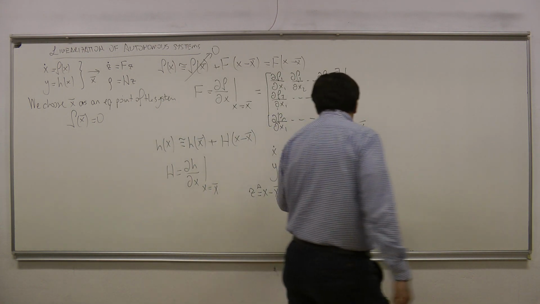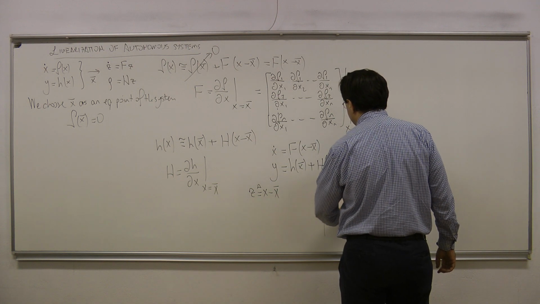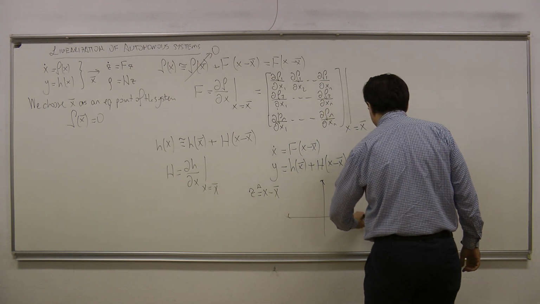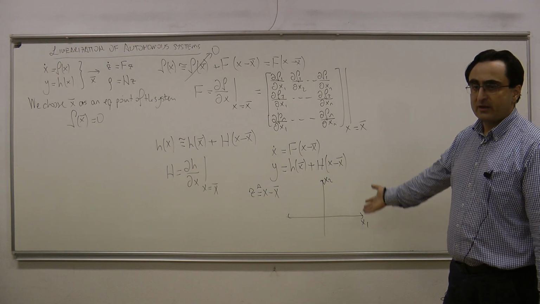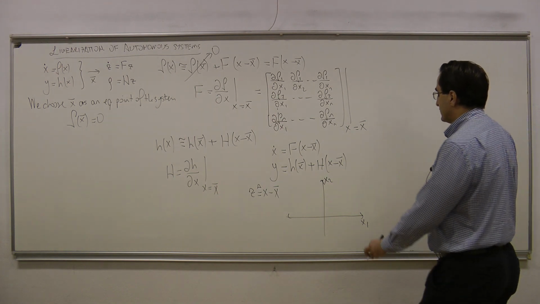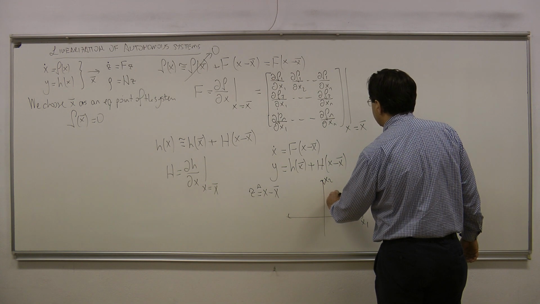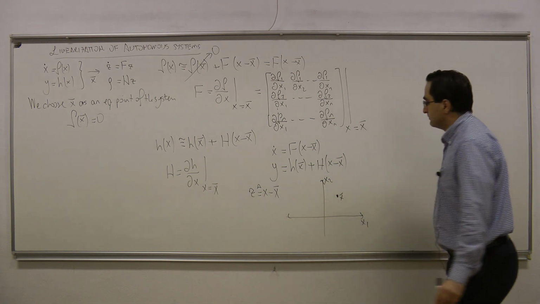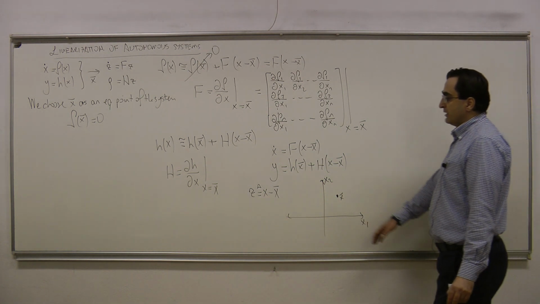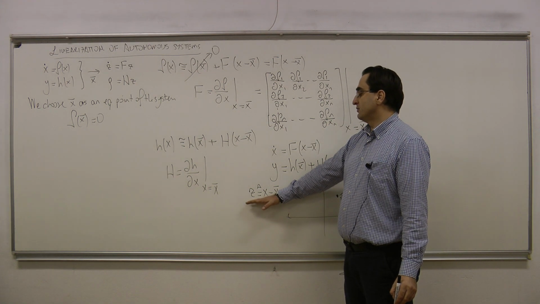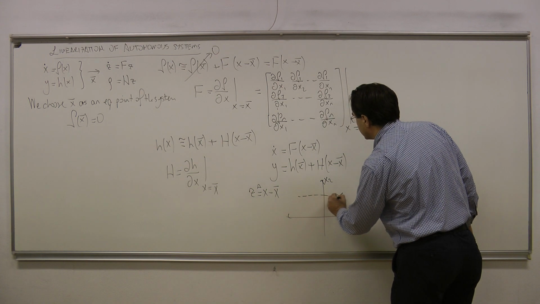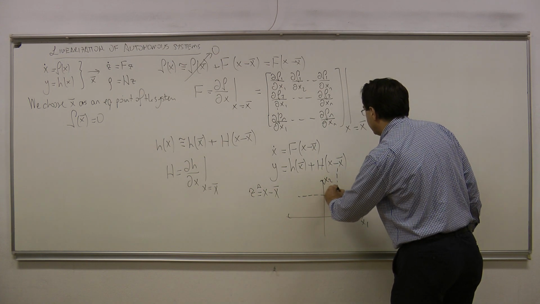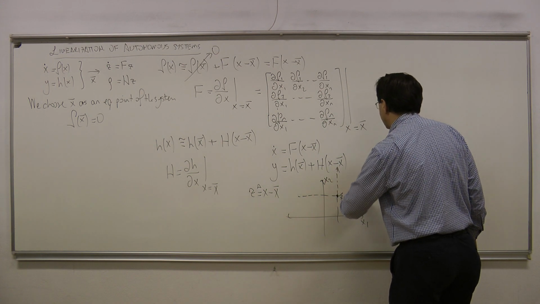Okay? Last time I talked about this type of definition. So if I have the original x1, x2 coordinates, suppose that the state has dimension 2, and suppose that this is my equilibrium point x bar. Okay? What we are doing by defining this new state vector is that I'm putting a new coordinate system whose origin is exactly equal to x bar.